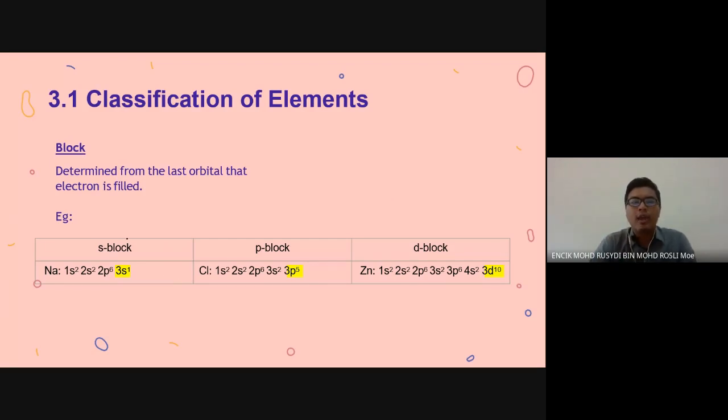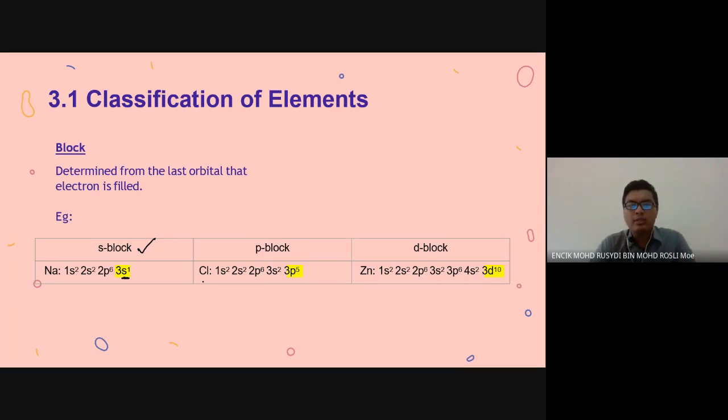Okay, so for example kita ada kat sini S block. So S block meaning that the last electron, so contoh in sodium here, the last electron is filled in 3s orbital. So S orbital, which means that this location of sodium terletak pada S block of the periodic table.